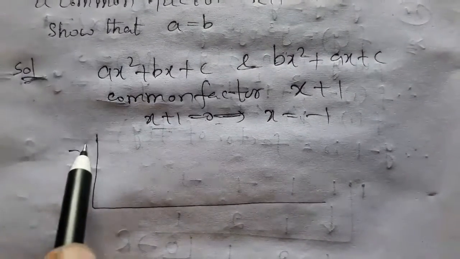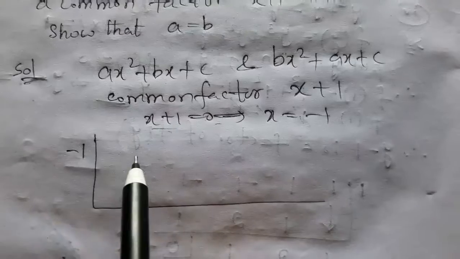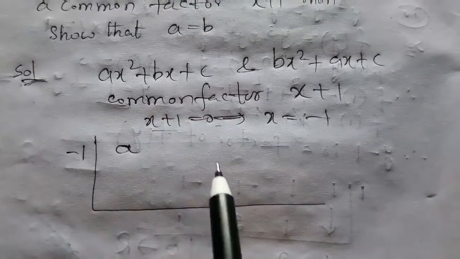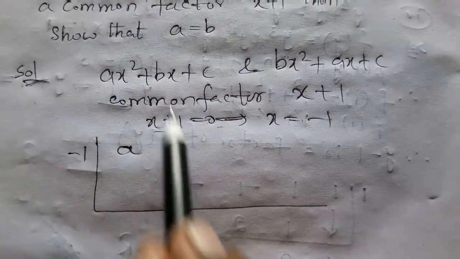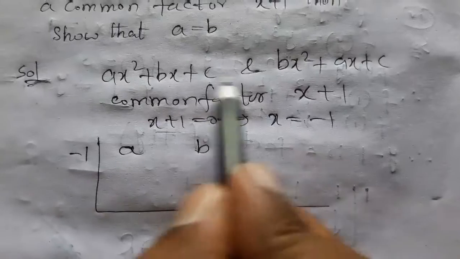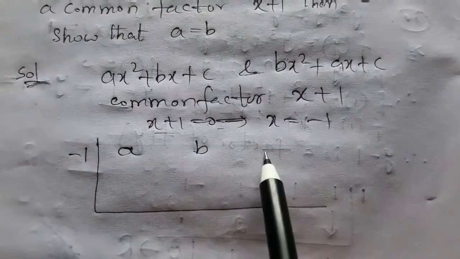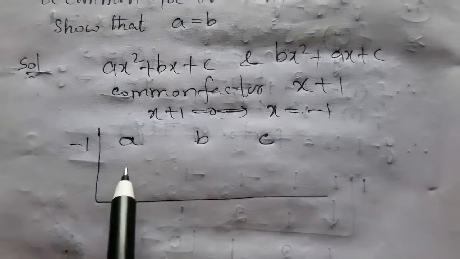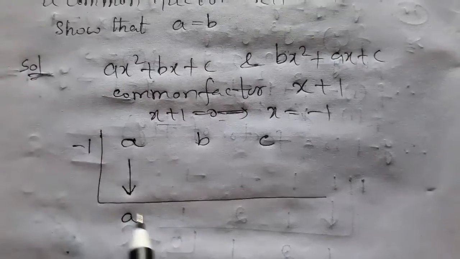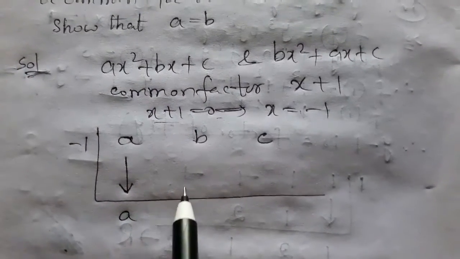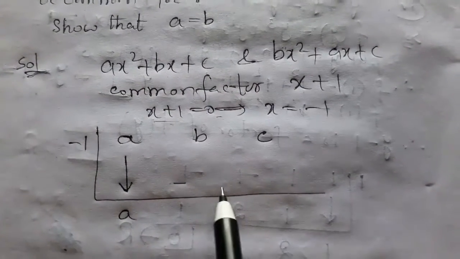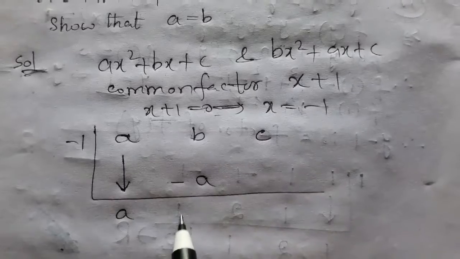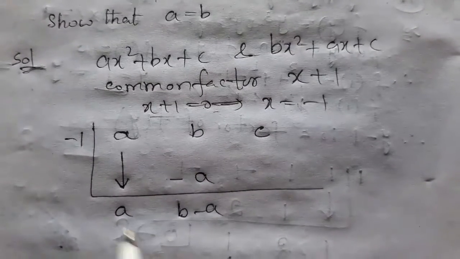Take this minus 1 here, take the first polynomial: coefficient of x square is a, coefficient of x is b, and coefficient of the constant term is c. Now bring down this a as it is. Minus into plus became minus, 1 into a became a. Add these two, that means b minus a.